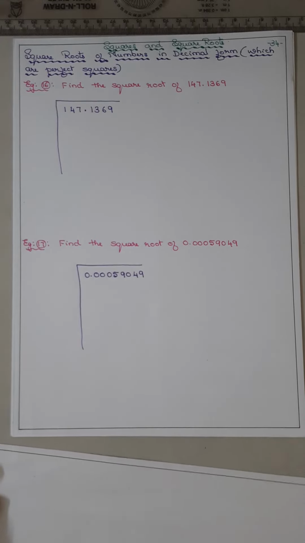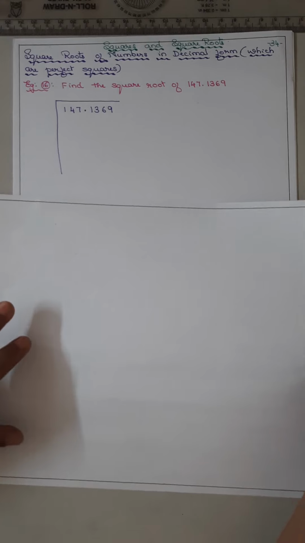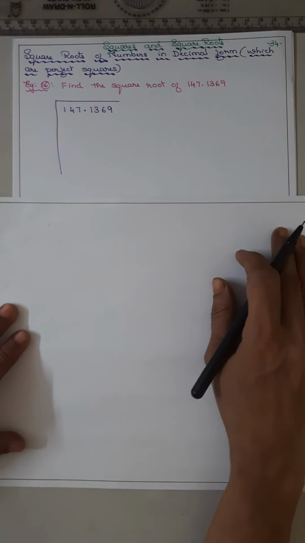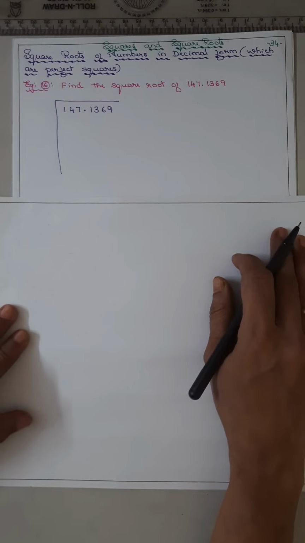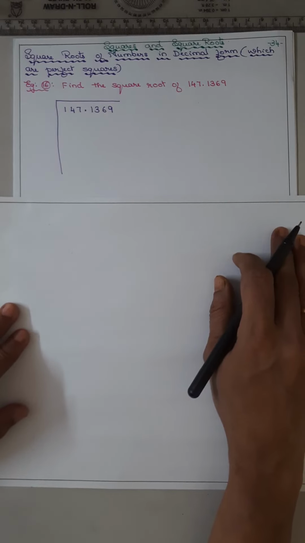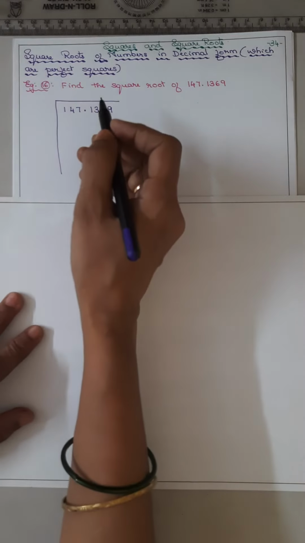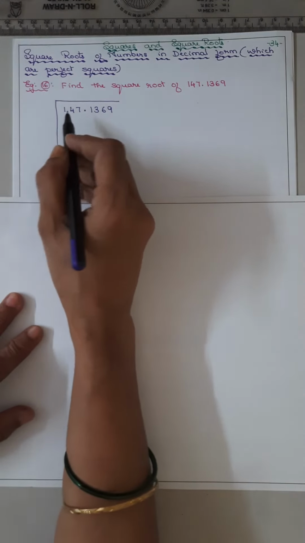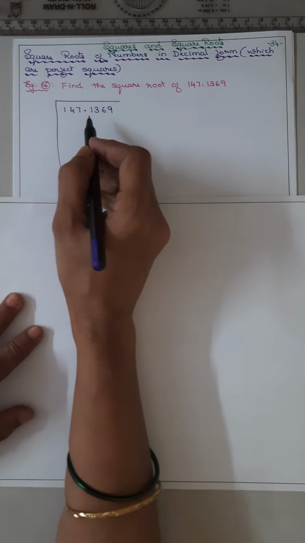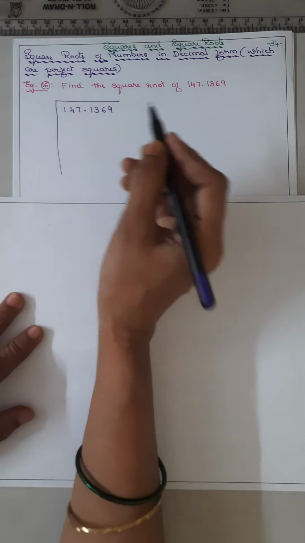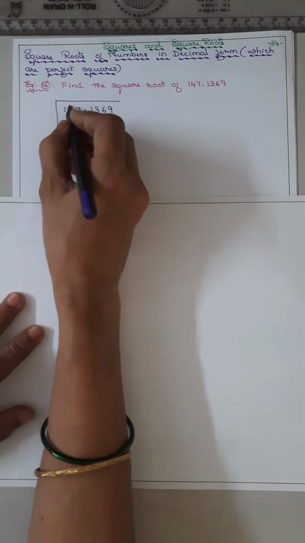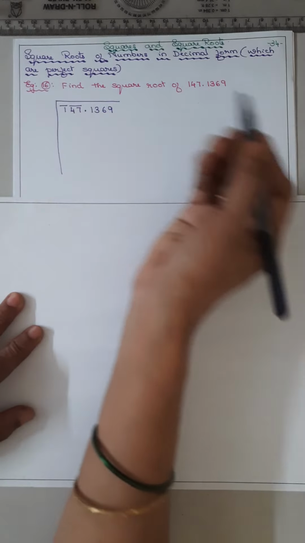It is the square root of numbers in decimal form which are perfect squares. So here we are discussing the decimal form where it is a perfect square. On the whole number side, I have told how to group from right to left. So 47 and 1.